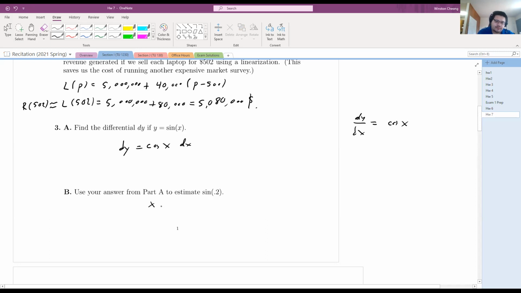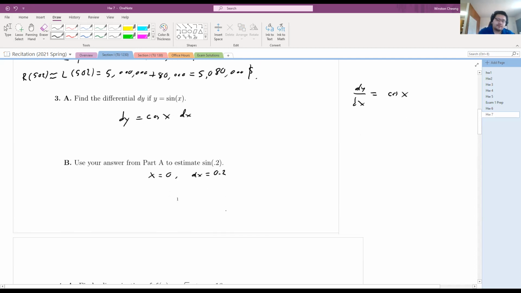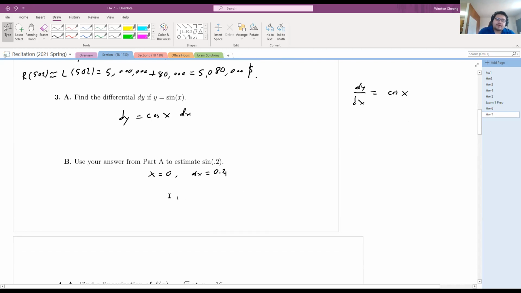So the way this sets up is that we have x is equal to 0, but our dx is equal to 0.2. And with that, we can plug into this expression. That'll tell me that my dy is going to be cosine of 0 times 0.2. Cosine of 0 is going to be 1, so I get 0.2.